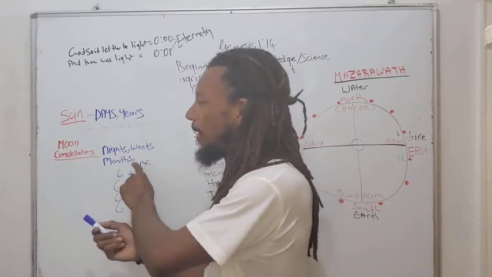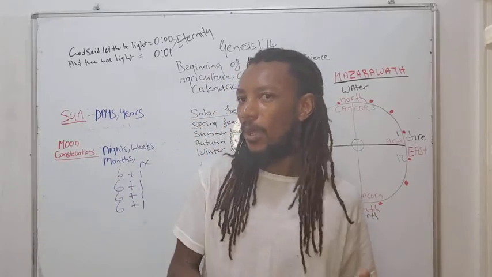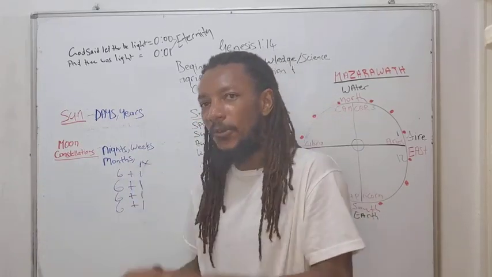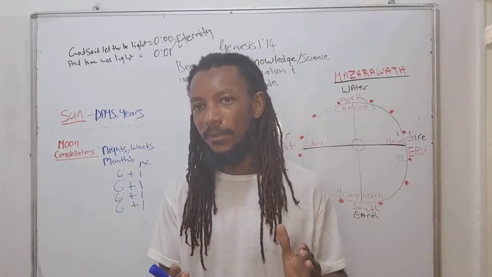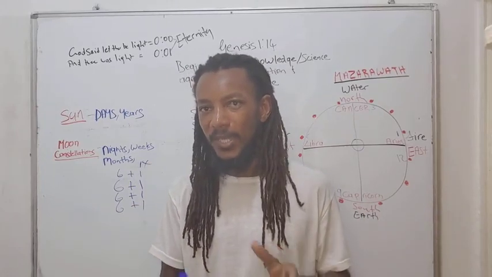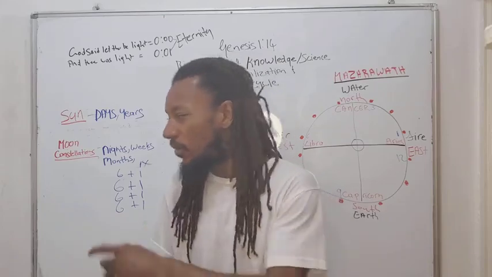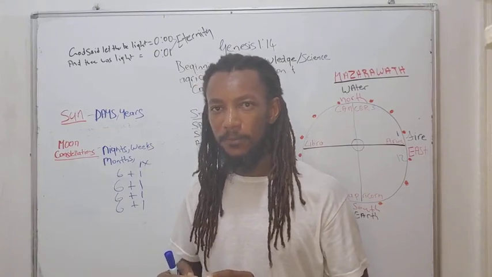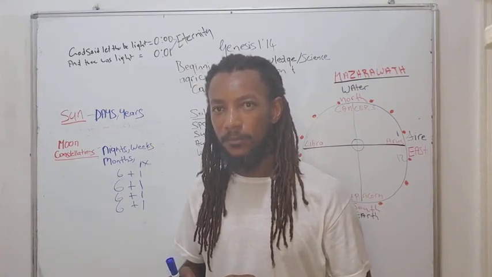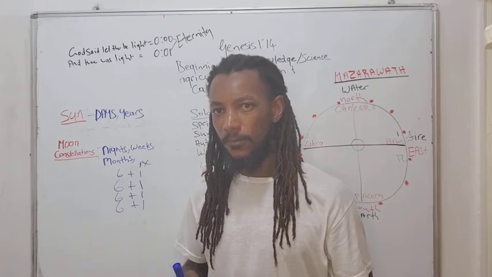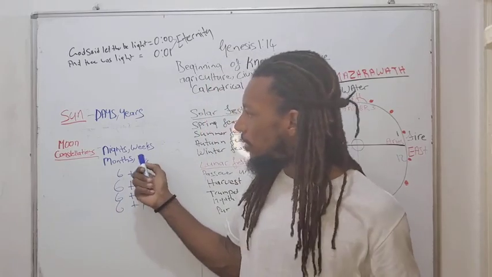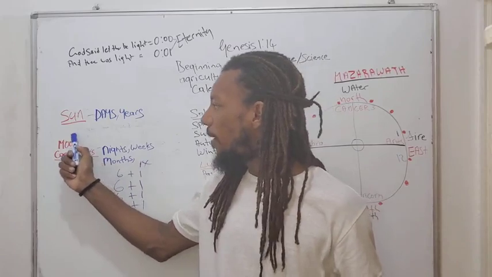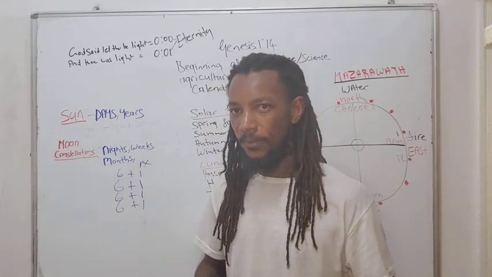You cannot take 6 days from the previous moon with this current new moon and call it a week. That exists in the English culture, but that does not exist. You cannot do that with the moon. So weeks come from the moon, right?